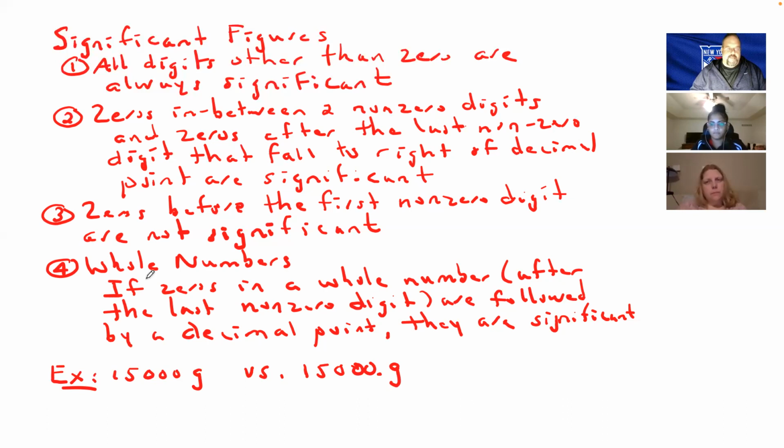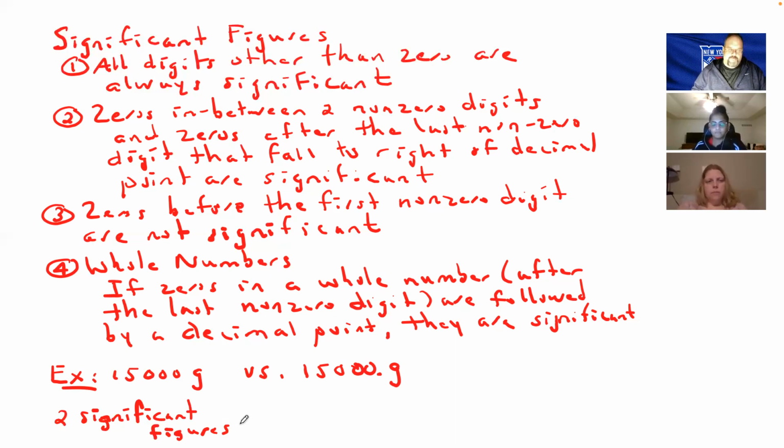In the first example, 15,000 grams without the decimal point, you only have two significant figures, because in this case only the 1 and the 5 are significant. So what does that tell me?